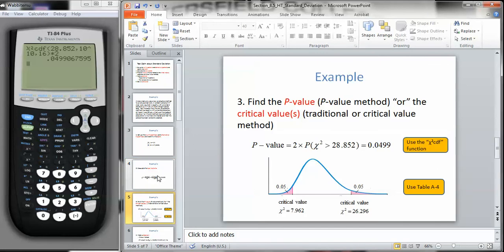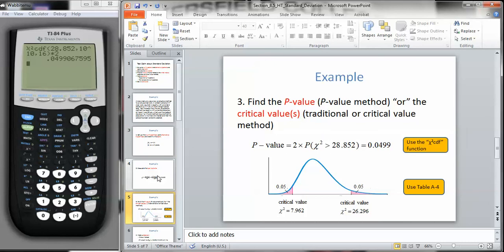Now, a very difficult part is identifying, given a test statistic, whether it is at the right tail or left tail. Because the chi-square distribution starts from 0, it's not symmetrical around 0, so you're always going to get positive chi-square scores if you calculate it correctly.